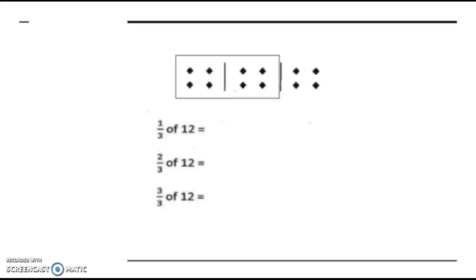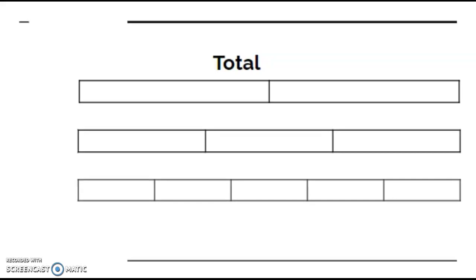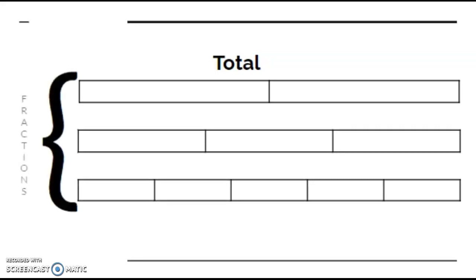Whenever we do a tape diagram, our total is up at the top, and our total number is going to be a whole in this case. Now it's not always this case, but it will be a whole in this case. So whatever we have as our total, we can cut it up into different parts, whatever we possibly need, and these parts are going to be our fraction representations.